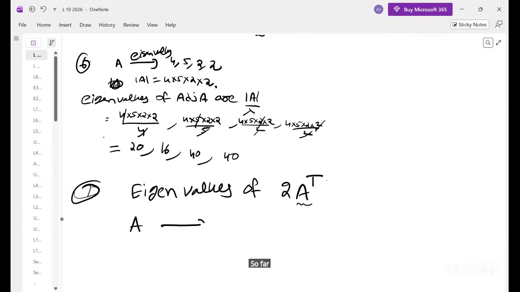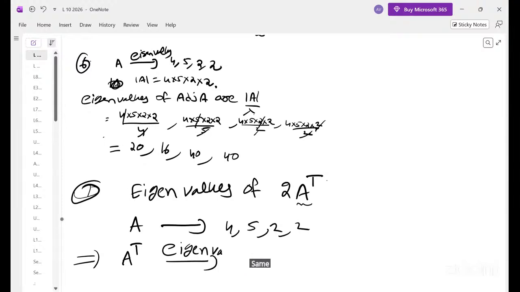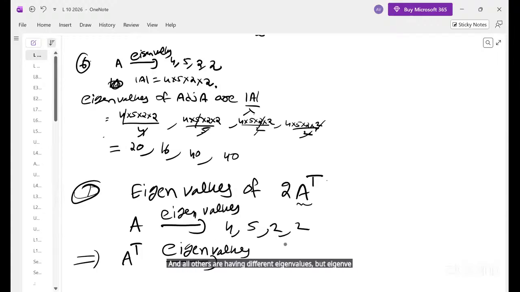So for A, eigenvalues are 4, 5, 2, 2, which implies for A transpose also eigenvalues are the same. A and A transpose have same eigenvalues but different eigenvectors. A inverse and A and all others have different eigenvalues but eigenvectors are the same. So eigenvalues are 4, 5, 2, 2.